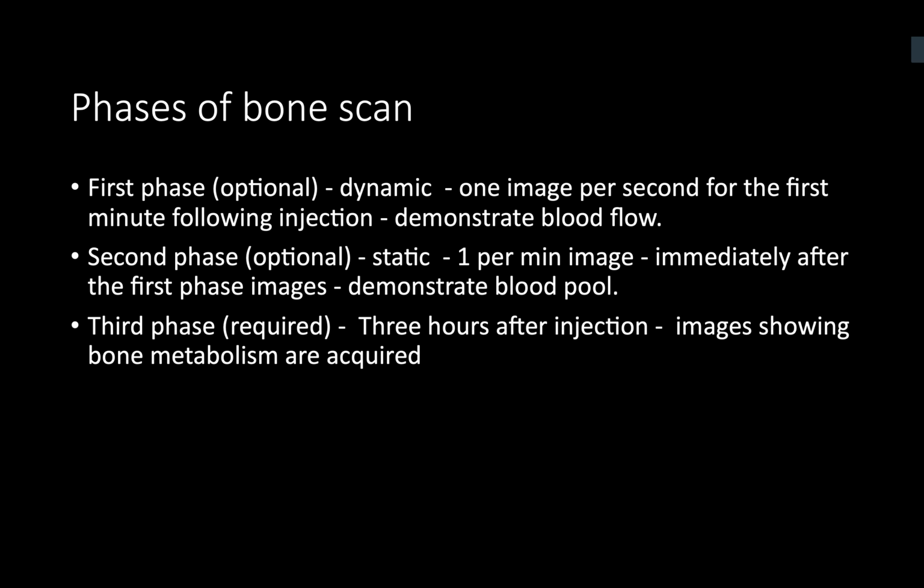Mostly we don't get those pictures, and they're usually not seen in the reports. But the third phase is the most important, and that's the phase when the images show bone metabolism. It is taken 3 hours after the injection.